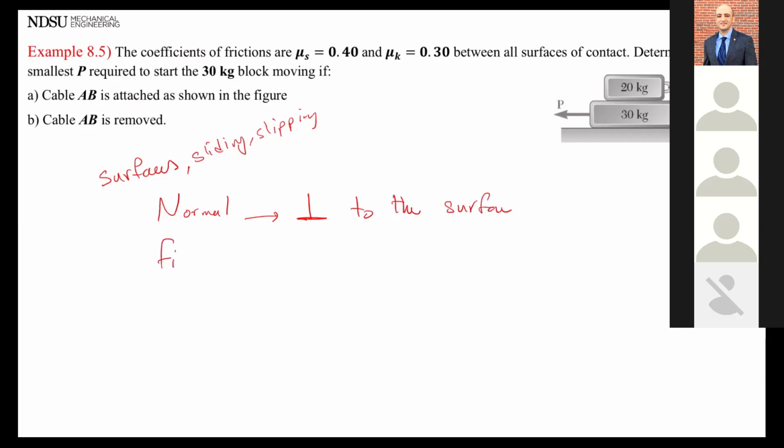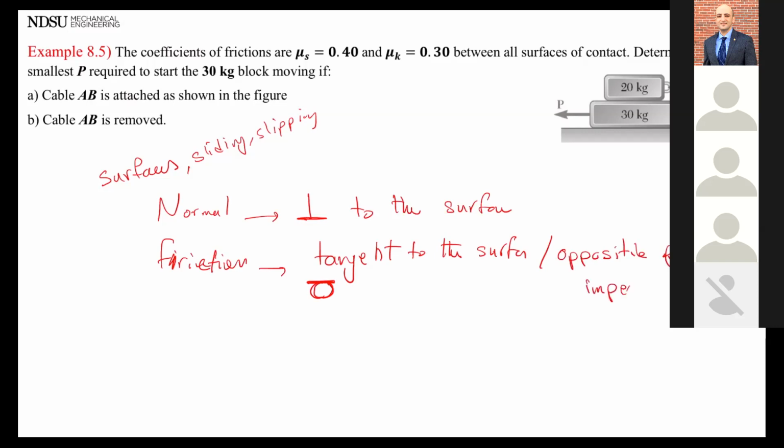Always. And you're going to have a friction force that is tangent to the surface. In other words, it's perpendicular to that normal force, all right? And it's opposite of impending movement.